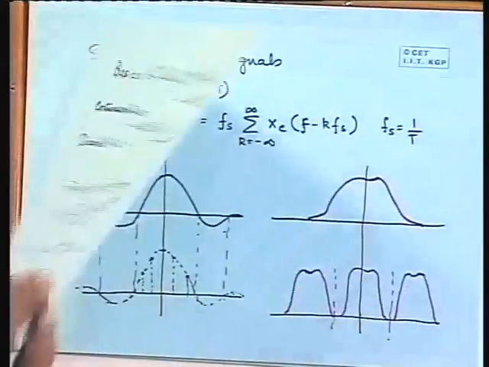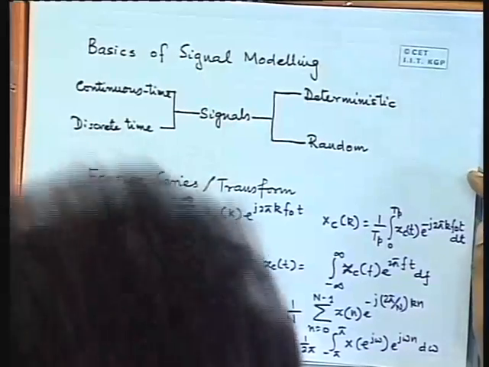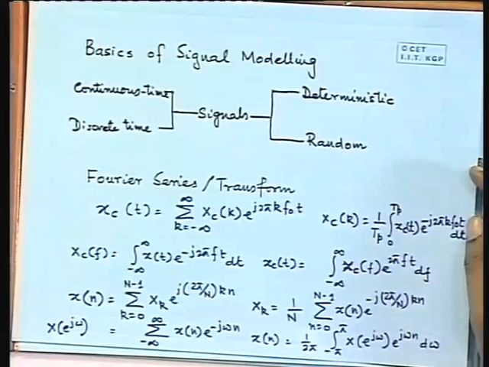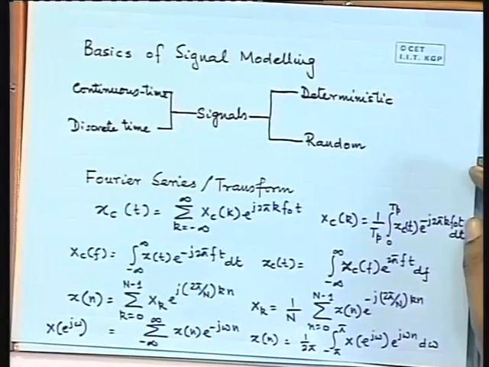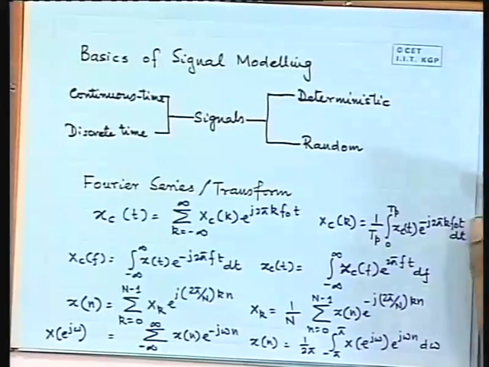Okay, so now since we are basically concerned about discrete time signals in this course, it is good to understand the connection between discrete time signals and continuous time signals, because after all what we see in real life is all continuous time, right? There are discrete time signals as well, I mean discrete time quantities.